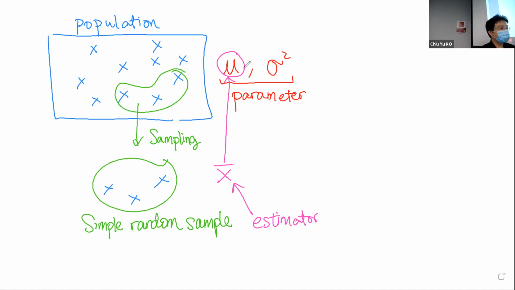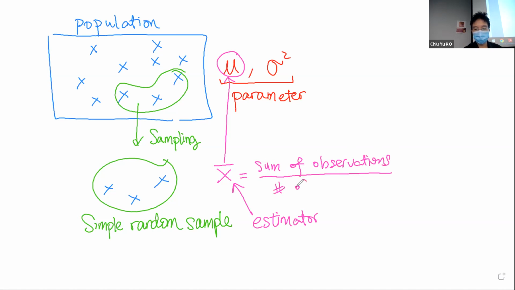The sample mean is the sum of all the observations divided by the number of observations. This is a rule.